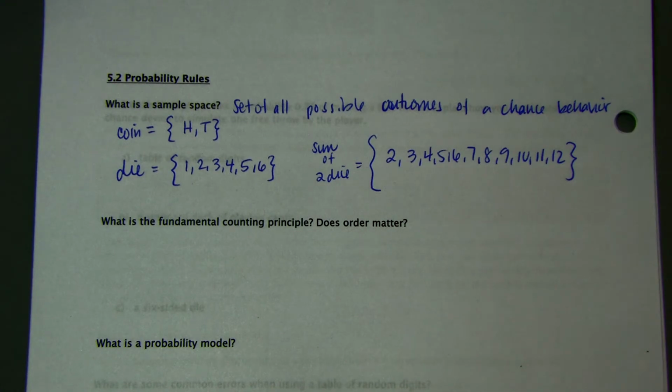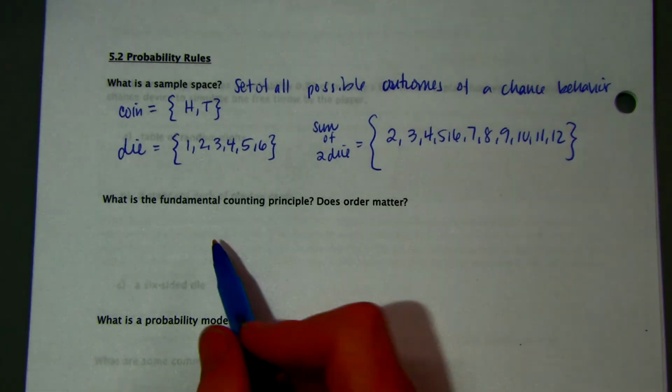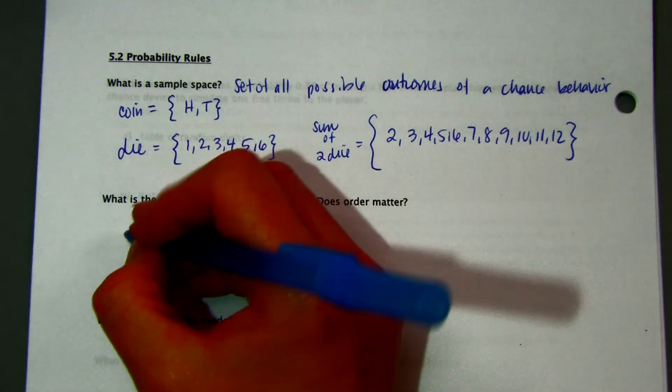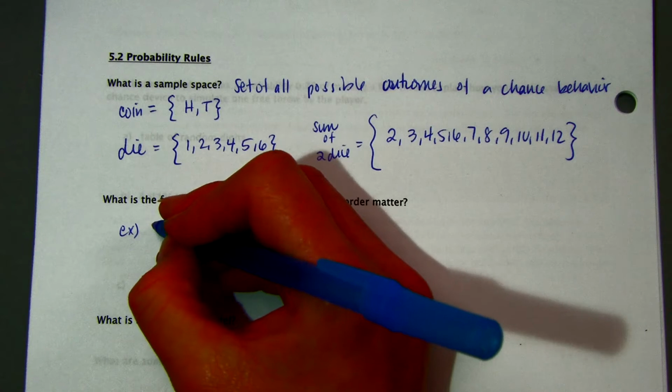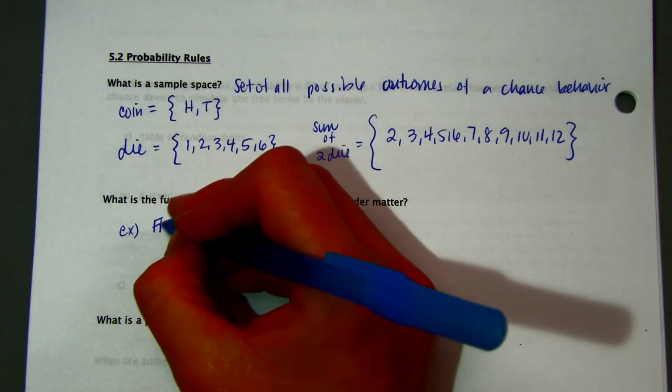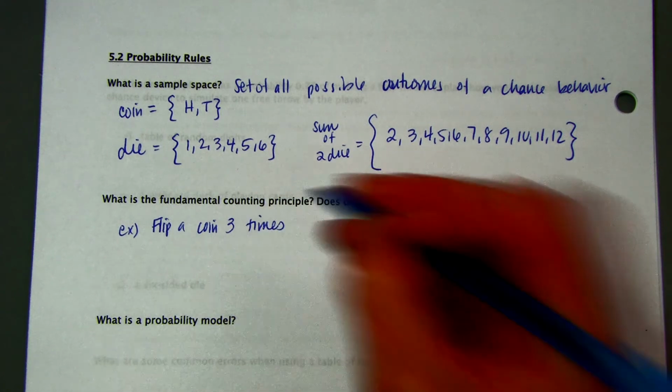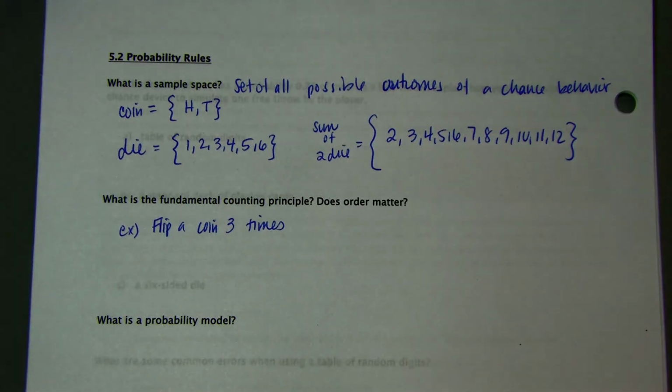So we're going to get into probability models, and one of the things that you need to know how to deal with is what's called the fundamental counting principle. The fundamental counting principle tells us that, for example, if I was going to flip a coin 3 times, and I'm interested in the total number of possible outcomes in the sample space, then I can use the fundamental counting principle to help me figure out the total number in my sample space.